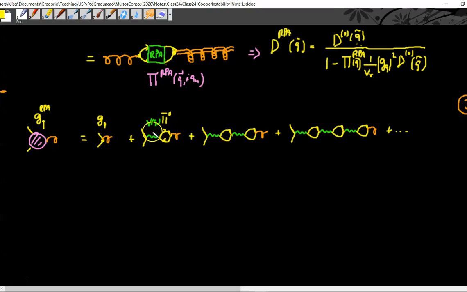So I keep renormalizing the interaction, and then I'll get the series of bubbles here. Notice that this essentially comes from the fact that I have a V_Q inside the vertex here, and this has to be renormalized by these bubble diagrams.